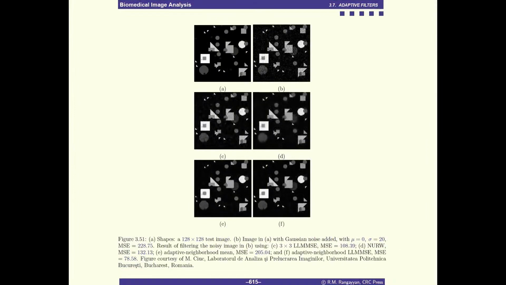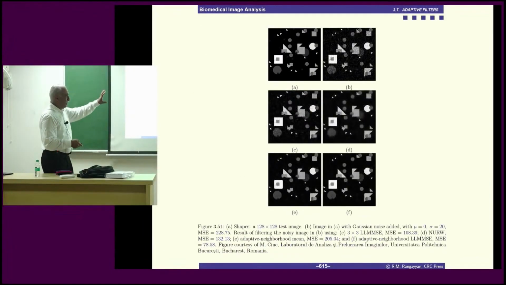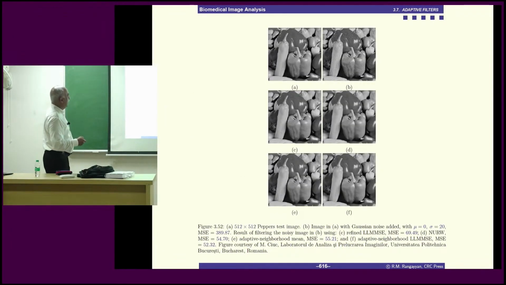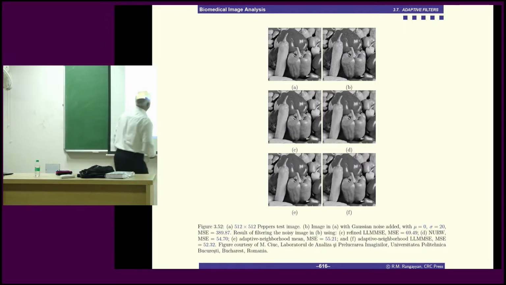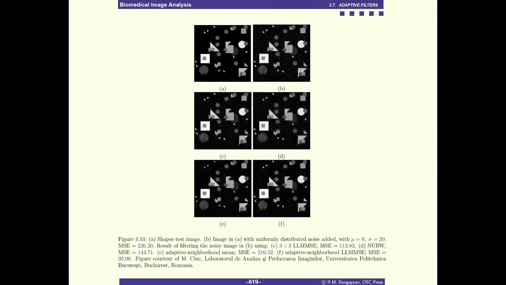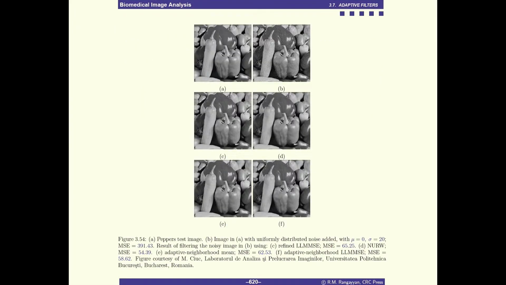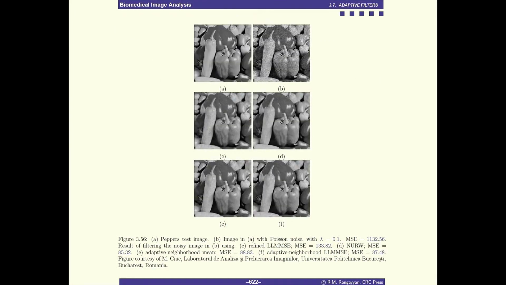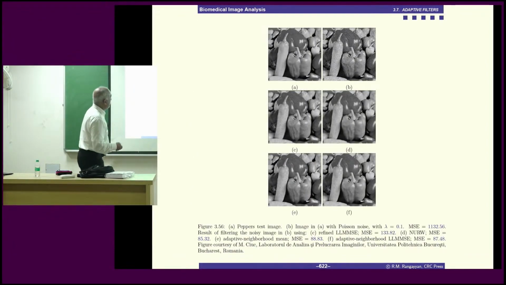So Mihai did many of these experiments comparing various basic filters and advanced filters, all the adaptive filters. I don't have to go through all of them. You could go through them later. The Peppers image, this is another commonly used test image. The noise level is too low. Let's skip that. This is Poisson noise, where you can see a little better the noise that is present.